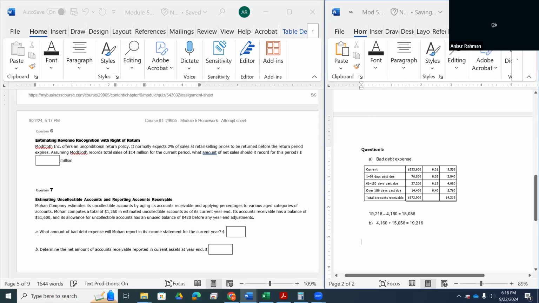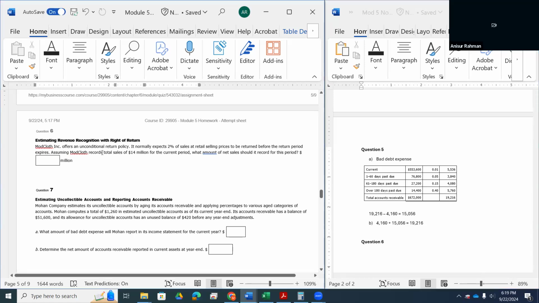Question 6. So question 6 is telling us this company offers an unconditional return policy. It normally expects 2% of sales at retail selling price to be returned before the return period expires. Assuming it records total sales of $14 million of the current period, what amount of net sales should it record for this period?